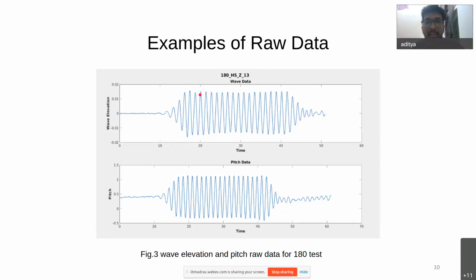So here we will get steady constant waves, and after the wave generator stops making waves, you can see the decay of waves. Correspondingly, at the same time, you will collect the data from your sensors. The pitch data we can see in the image below. It is collected at the same time, and it has more or less similar characteristics.